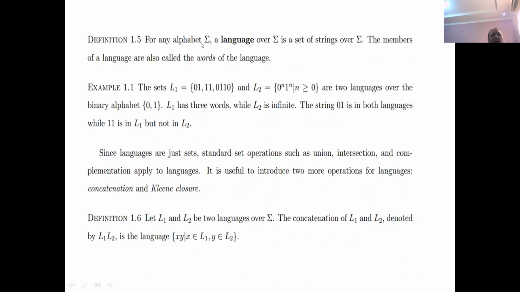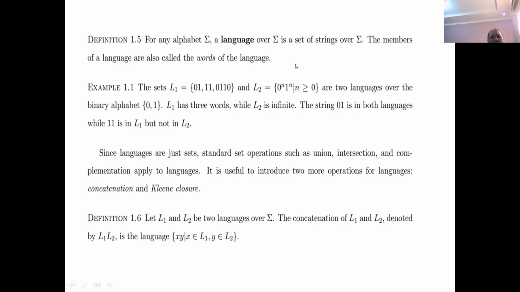Definition 5. For any alphabet sigma, a language over sigma is a set of strings over sigma. The members of a language are also called the words of the language. So if we imagine a given non-empty set, this one, what does a word from this alphabet mean?